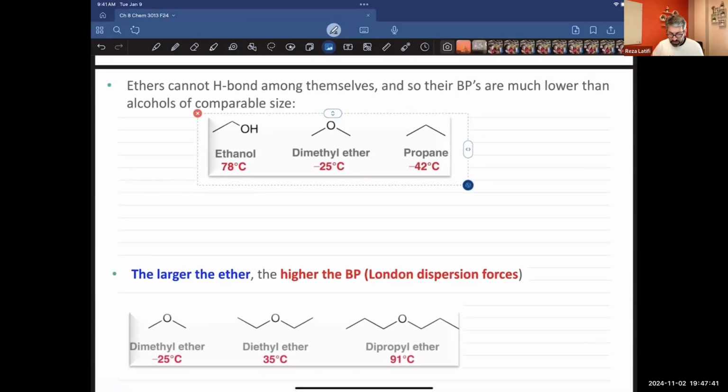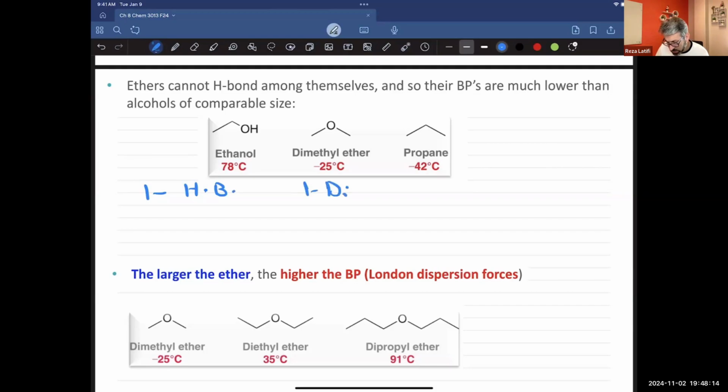And now let's talk again about the boiling temperatures that we have here. Why is the boiling temperature changing dramatically? For alcohol, the strongest force will be hydrogen bonding. For the second molecule, the strongest force will be dipole. For alkane, the strongest force will be dispersion.